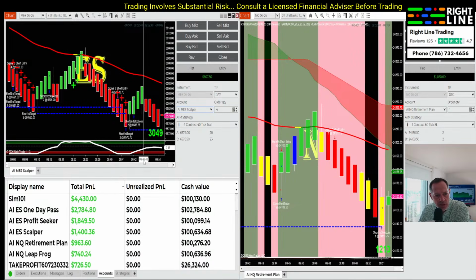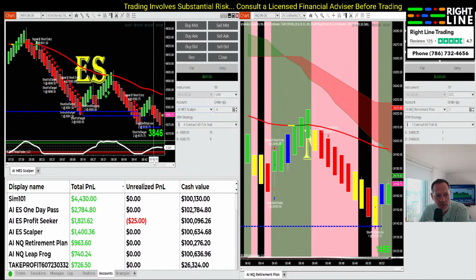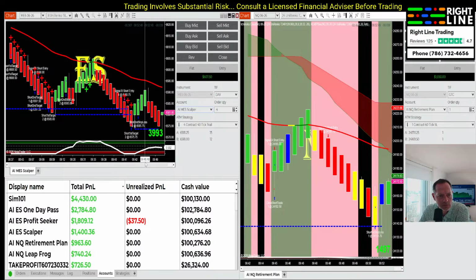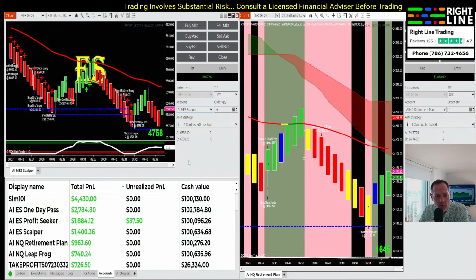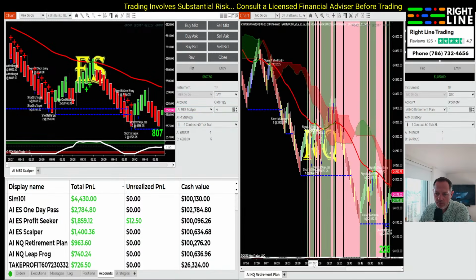So this is the ES scalper, except I'm running it on the MES and running 4 contracts instead of one mini contract, running 4 micros. Okay, that pivot's going to hold up maybe.